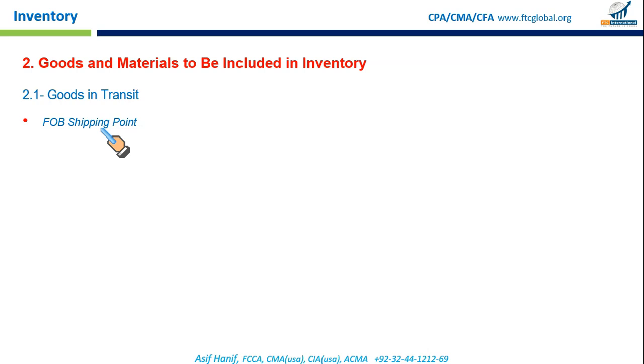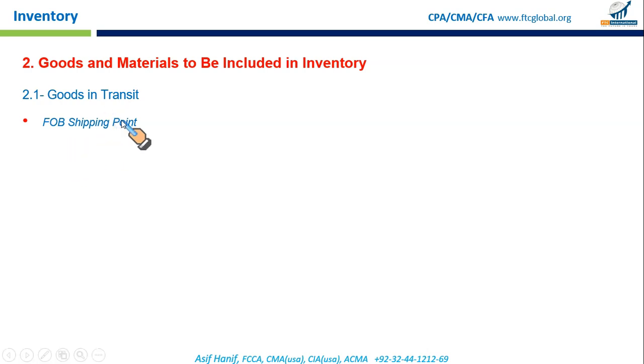They are not the property of the seller now. The ownership transfers to the buyer, right? So in this case, the seller should exclude these items from its inventory, and the buyer should include these items in its inventory as soon as they are shipped, even if they have not yet been received by the buyer.